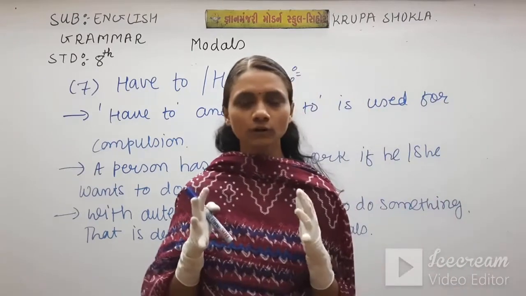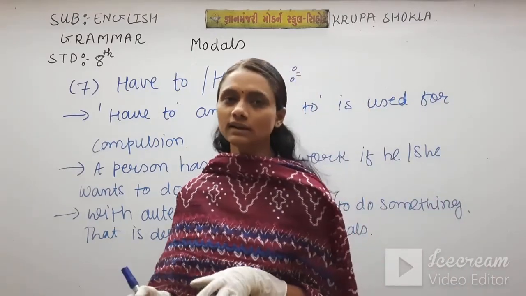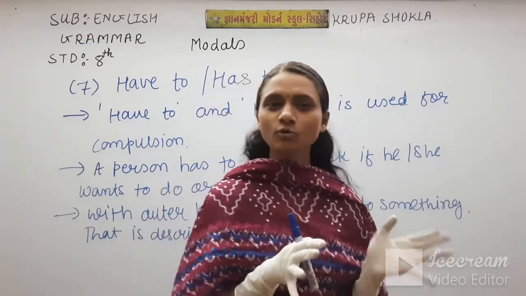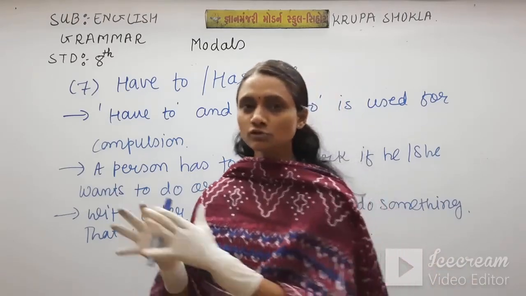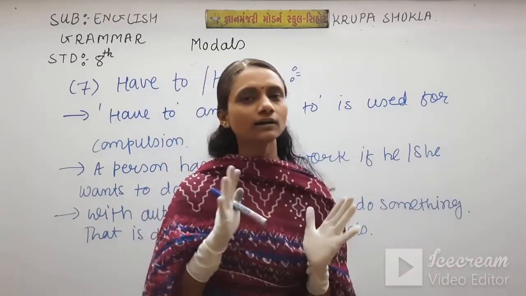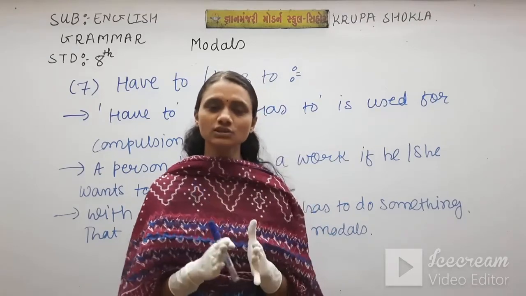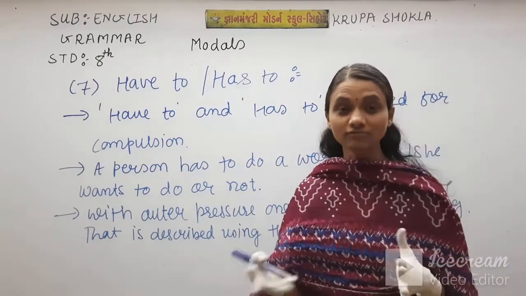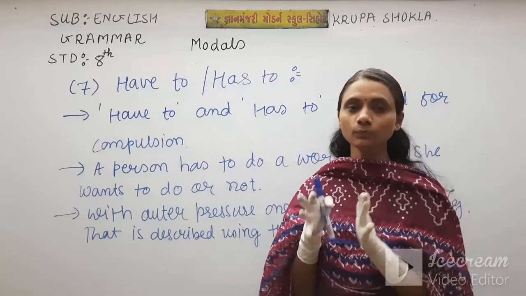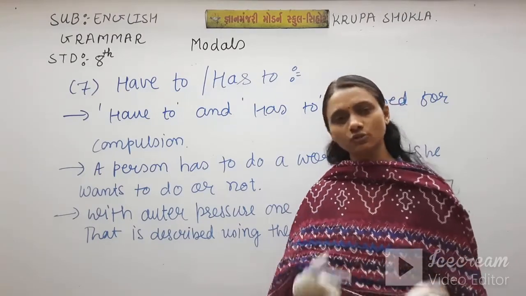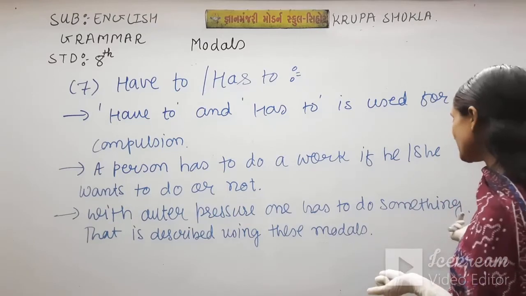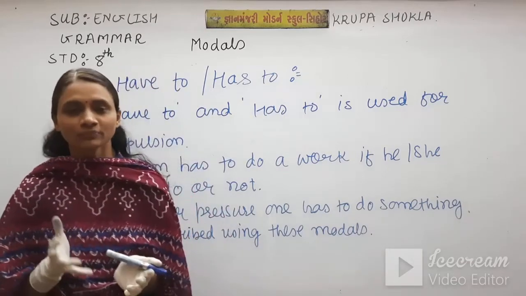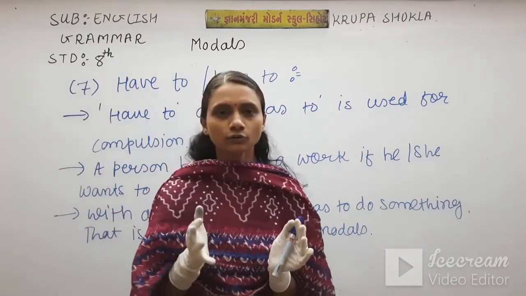Suppose you want to play football on Sunday and your parents... Outer pressure means someone is pressuring you, someone tells you to do that thing without your wish or wants. So with outer pressure, one has to do something, and that is described using these modals. It means your wish is not counted in that. You have to do that.